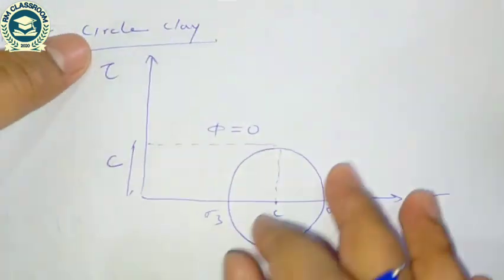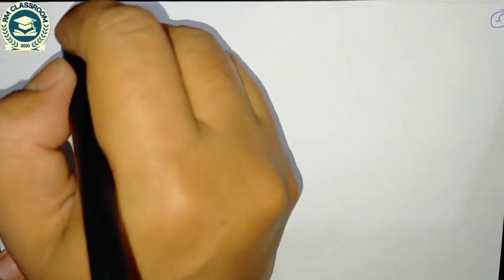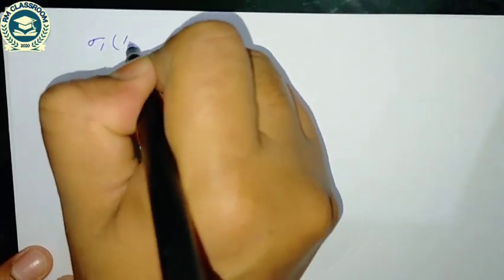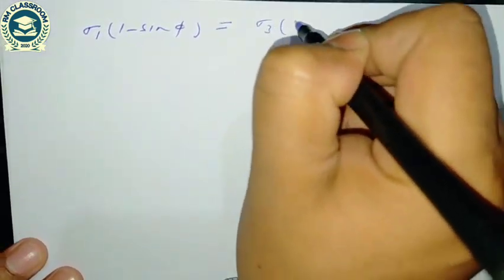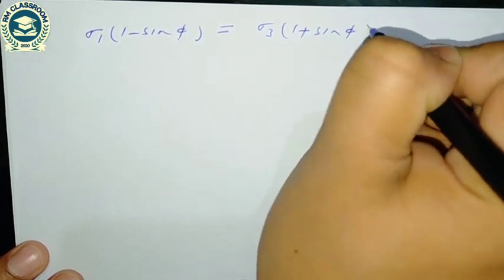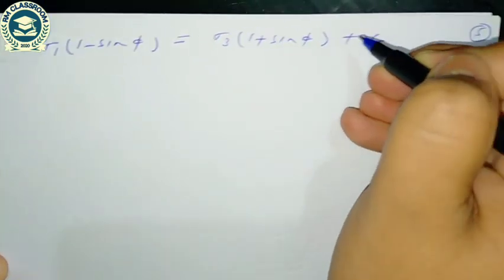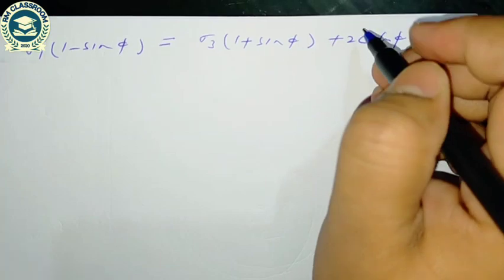So sigma 1 into 1 minus sin phi is equal to sigma 3 into 1 plus sin phi plus 2C cos phi.